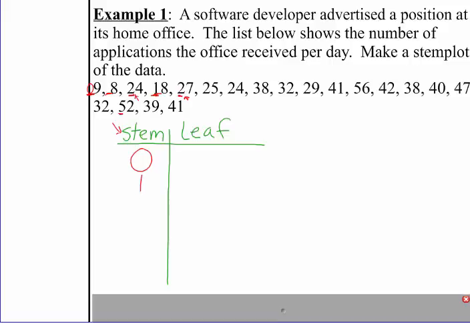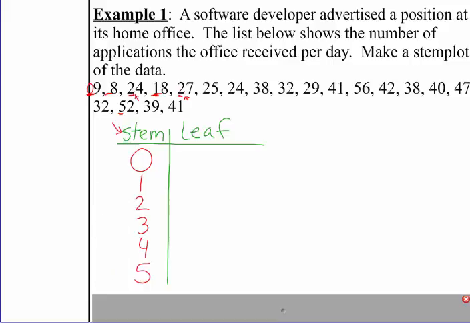So 0, 1, 2, 3, 4, 5. Even if one of those is missing, if I didn't have anything in the 30s or the 40s, I would still have to put a 3 and a 4 in my stem. So it always goes from the smallest stem to the largest stem, and you include all the numbers in between.